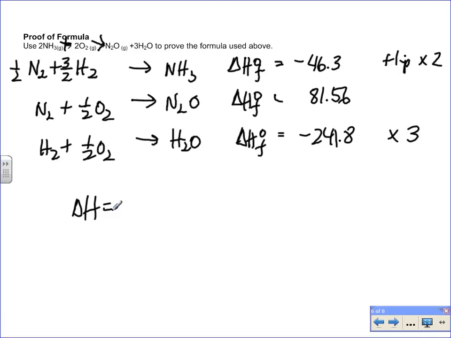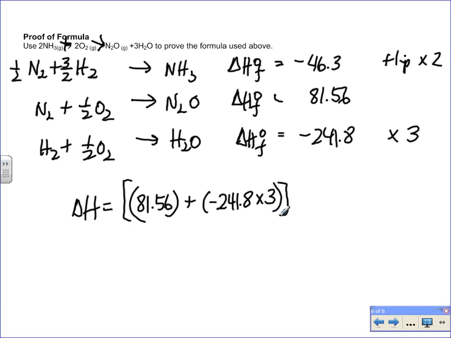What we did here was we left the 81.56 on its own, and we need to leave the negative 241. The sign remains the same, but we need to multiply that one by 3. Okay. And then this one, the NH3 being a reactant, was the one that we needed to flip, and that caused the sign to change. So anything that is a reactant needs to be subtracted.